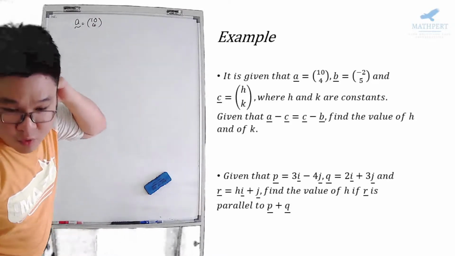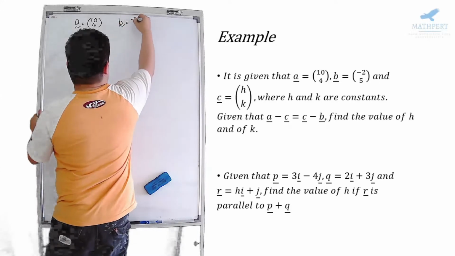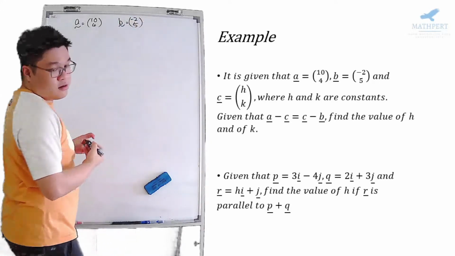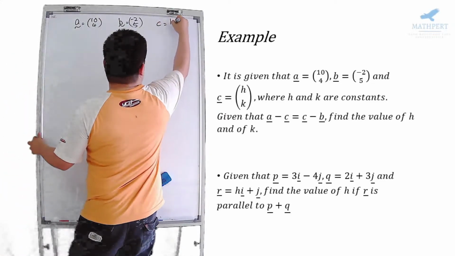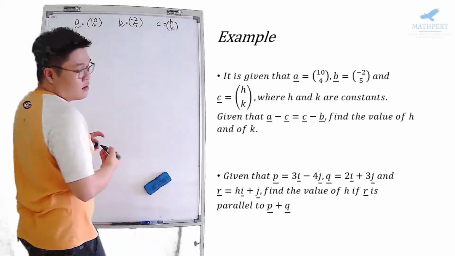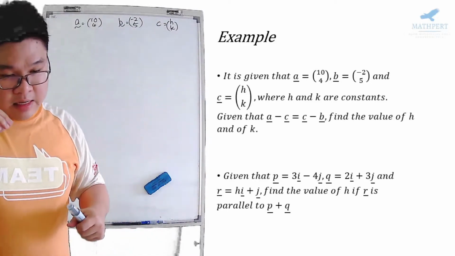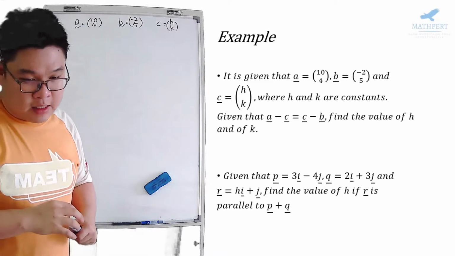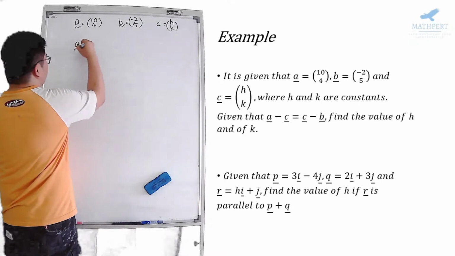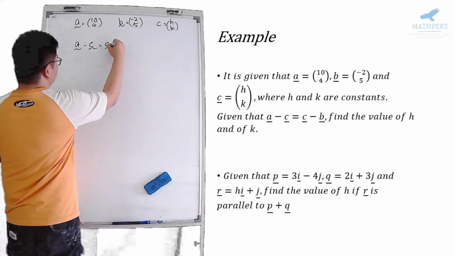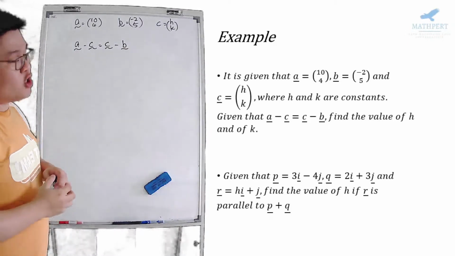B is negative 2i plus 5j, and C is hi plus kj, where h and k are constants, given that A minus C equals C minus B. So A minus C equals C minus B. Find the value of h and k.